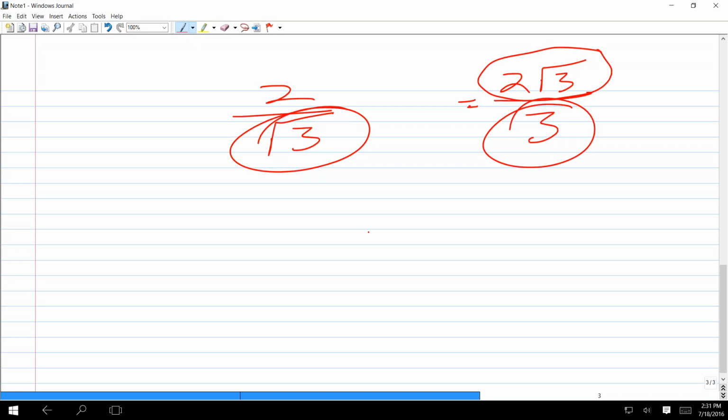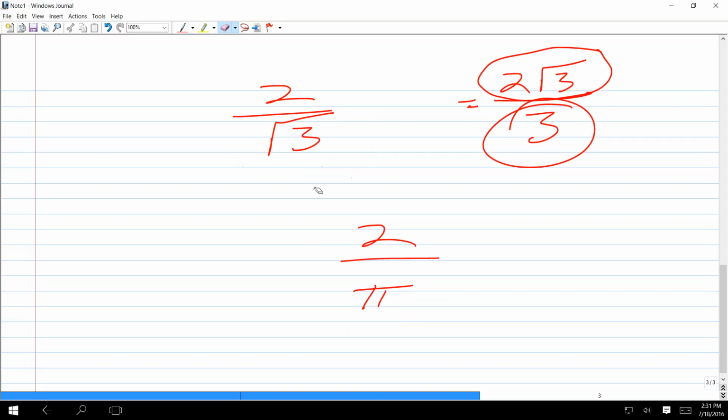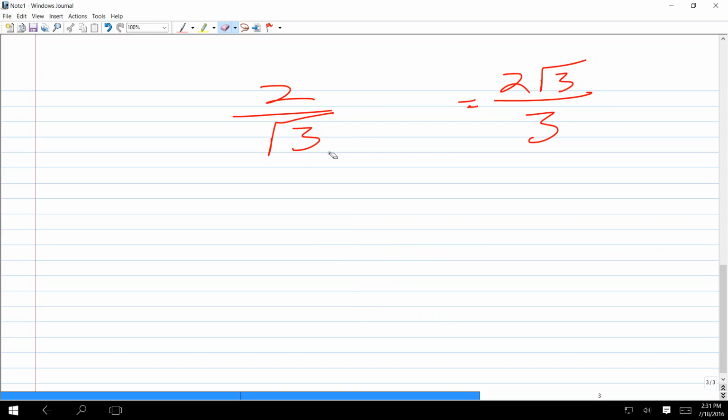If I had 2 divided by pi, there's no way to rationalize that. That's my answer, even though that is an irrational number. I can't rationalize pi. There's nothing I can multiply this fraction by to turn that denominator rational. But whenever you have irrational numbers that come from radical signs, you can always rationalize them by multiplying the top and the bottom by whatever's in the bottom.